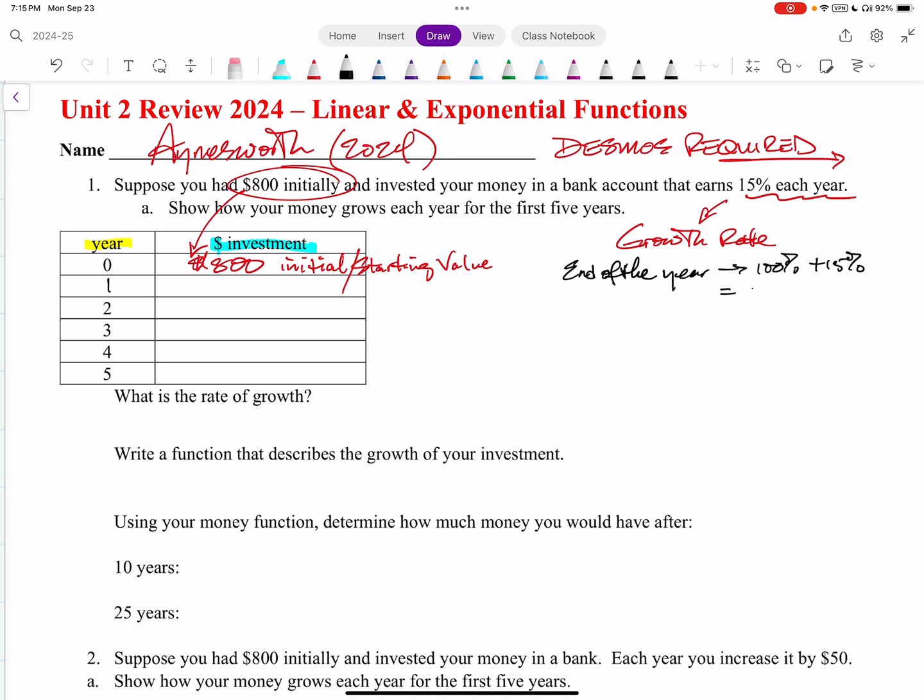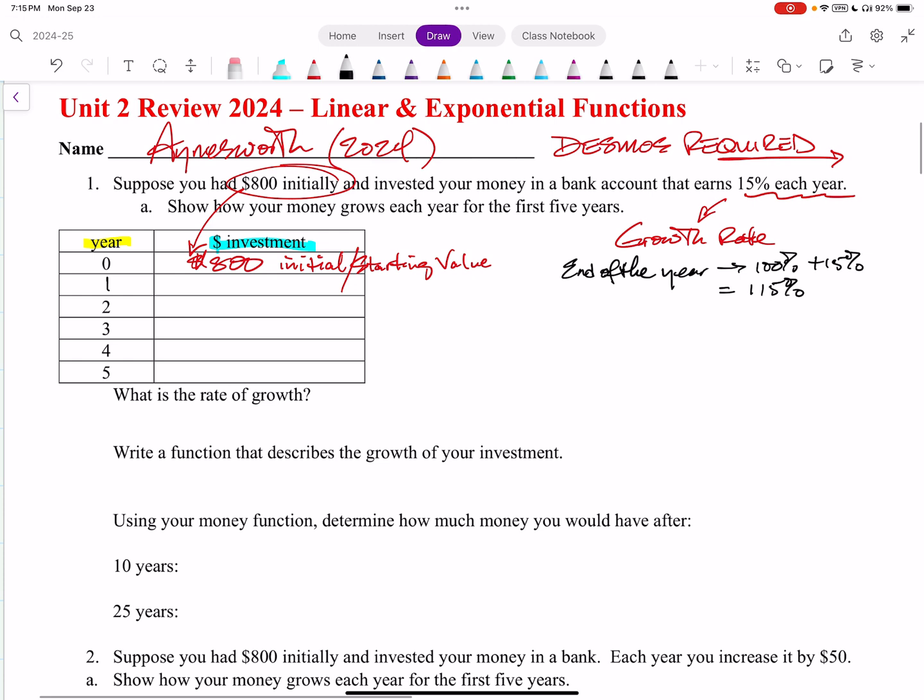So we're going to have 115% of our money at the end of the first year. That is amazing. And you have to remember that percent, if you're from grade school, means per 100. And so if we have 115%, we have 115 per 100.